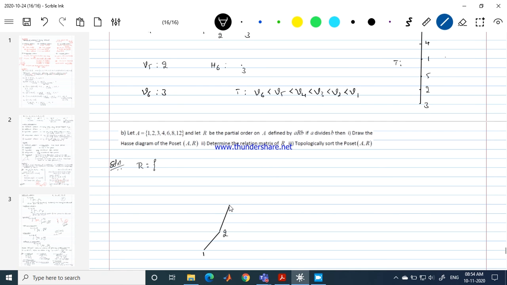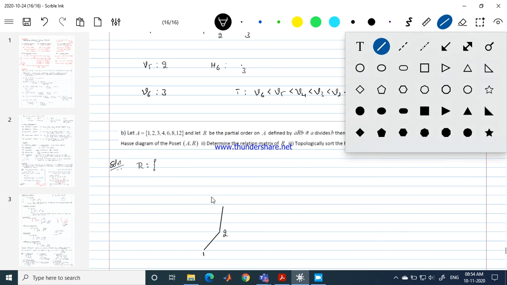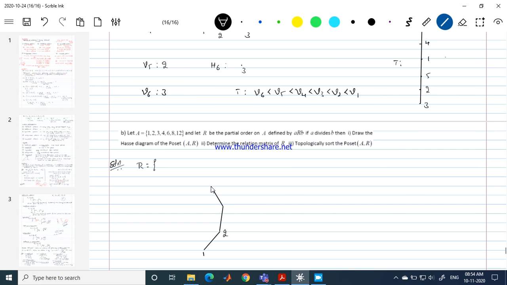Yes, 2 divides 4. Yes, 4 divides 8. Okay, next. Okay, 2 divides 4, 4 divides 8. So, does 4 divide any other number? Yes, 4 divides one more number, that is 12.